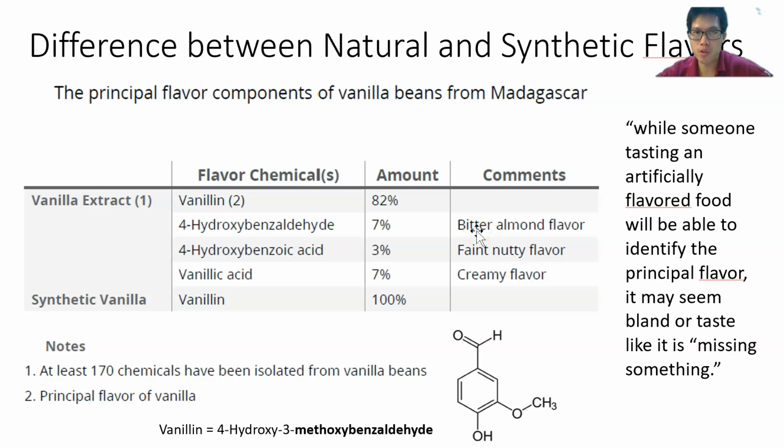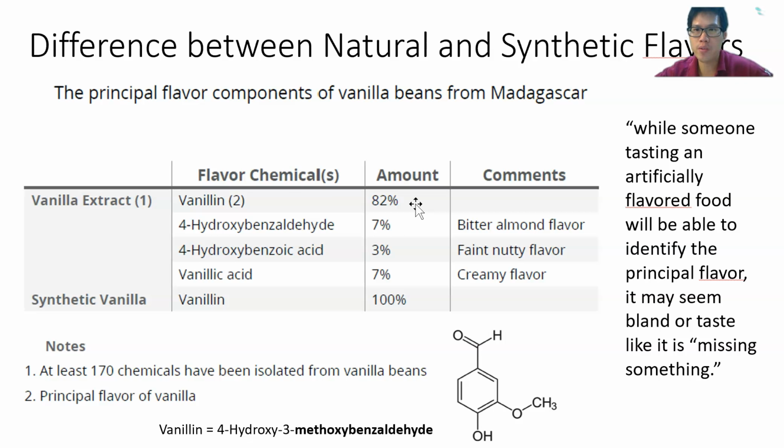The 7% 4-hydroxybenzaldehyde gives a bitter almond flavor. The 4-hydroxybenzoic acid gives a faint nutty flavor, and vanillic acid gives a creamy flavor. These three molecules in the extract complement the vanillin to give you a fuller flavor.